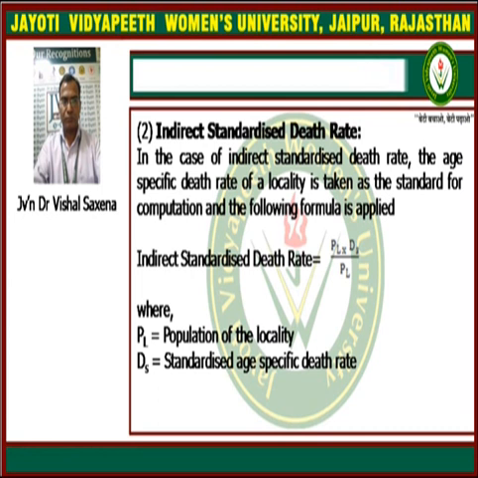So indirect standardized death rate is given by sum of PL into DS upon sum of PL, where PL is the population of the locality, while DS represents the standardized age specific death rate.